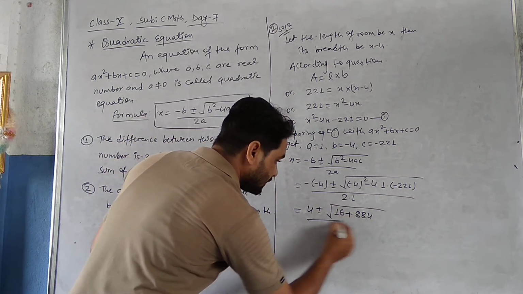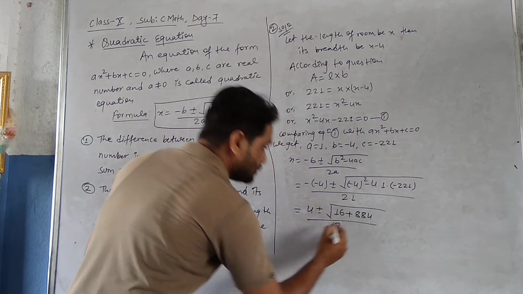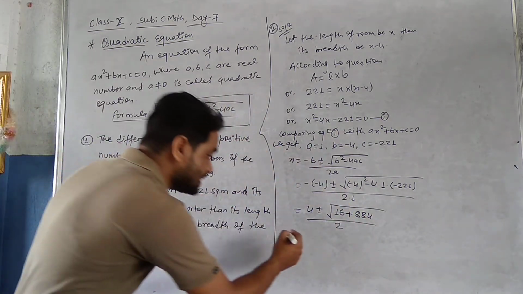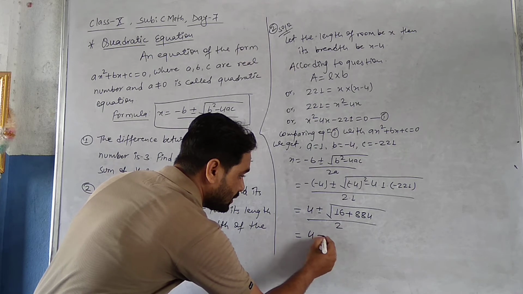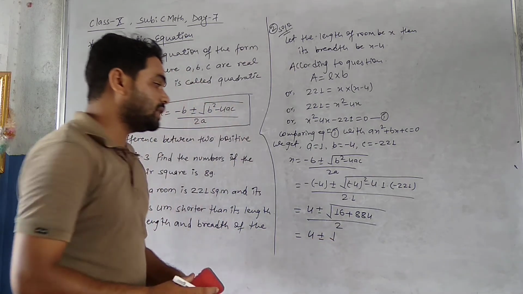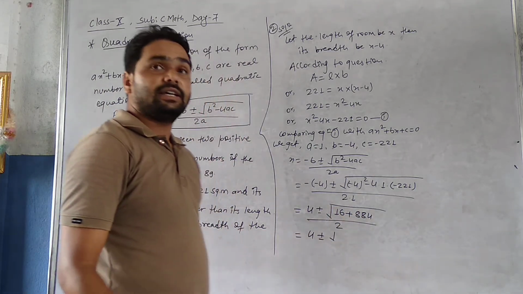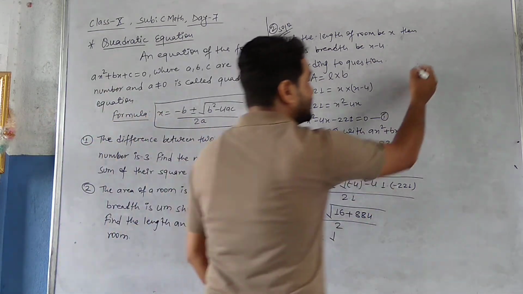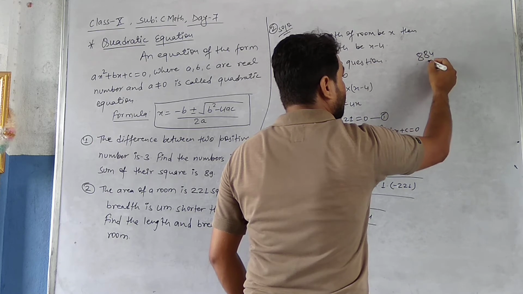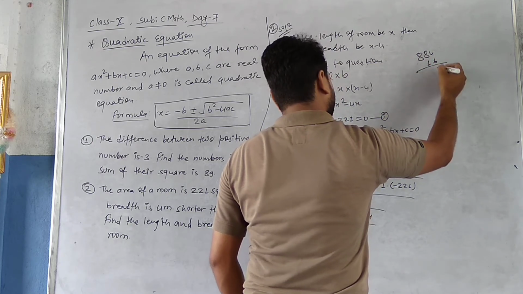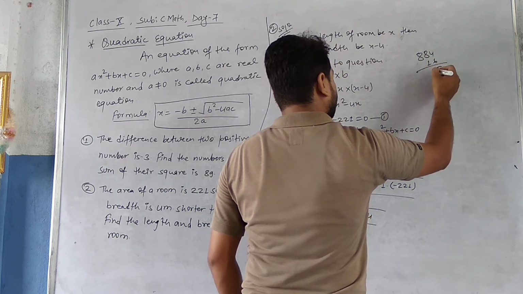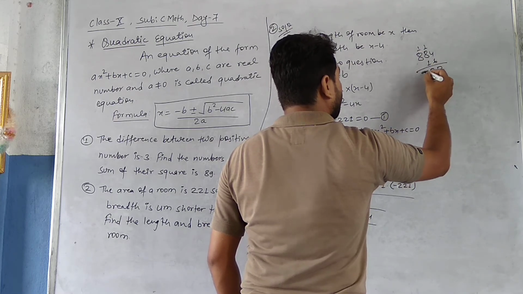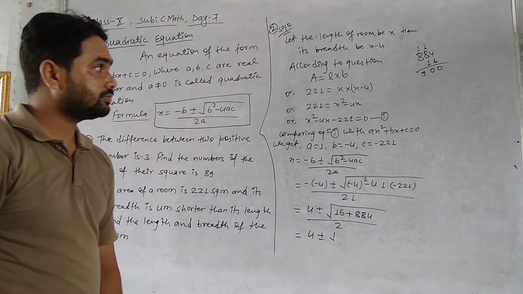Whole upon 2. Now let's add inside the root. 4 plus minus root of 16 plus 884. If we add 884 plus 16, 0, carry 1, 0, carry 1, we get 900.